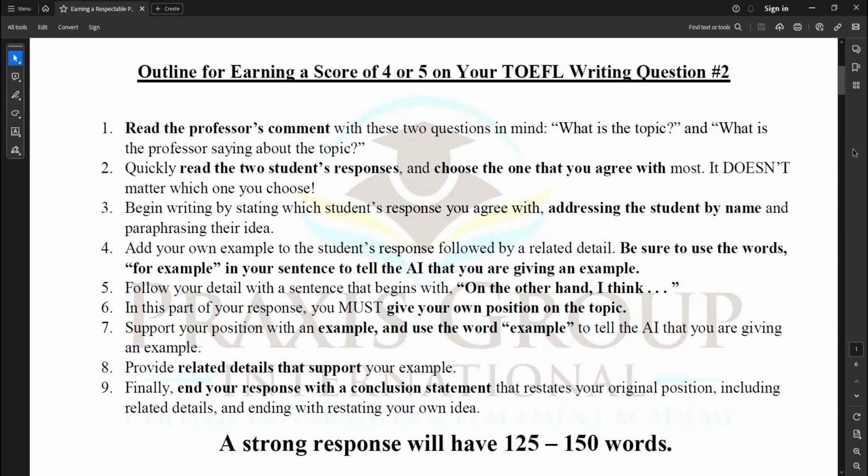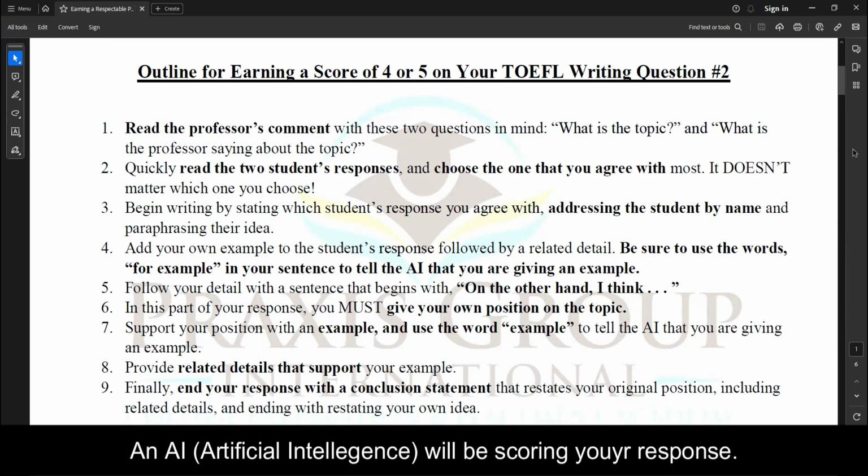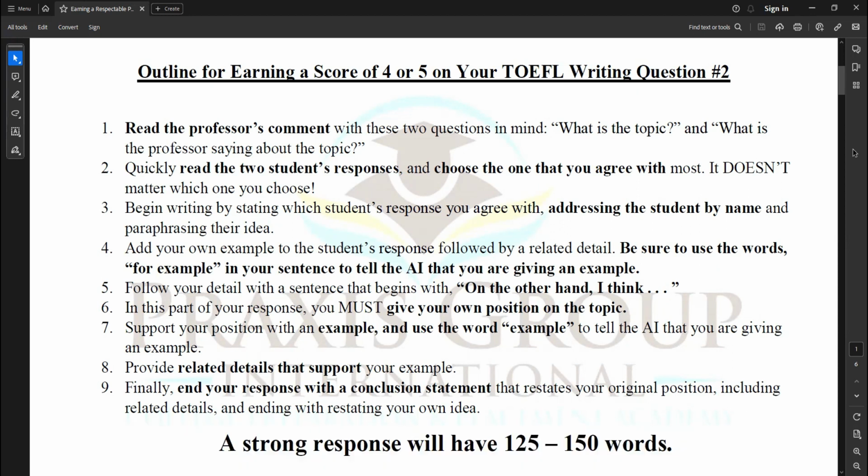And number 6, in this part of your response, you must give your own position on the topic. Number 7, support your position with an example and use the word example to tell the AI that you are giving an example. Number 8, provide related details that support your example.